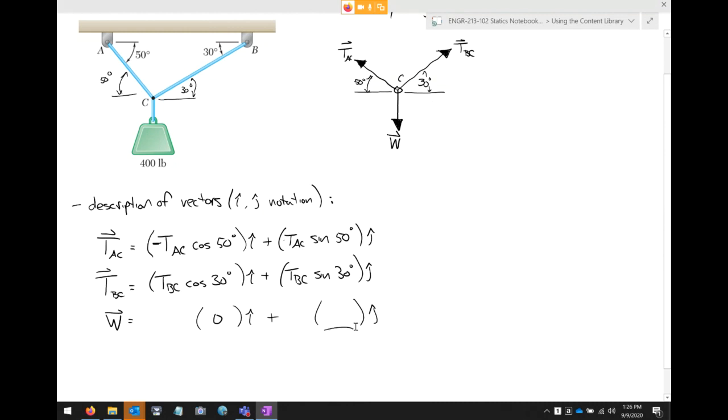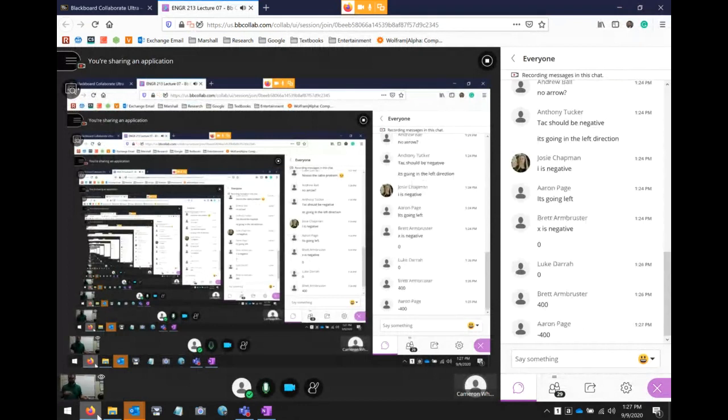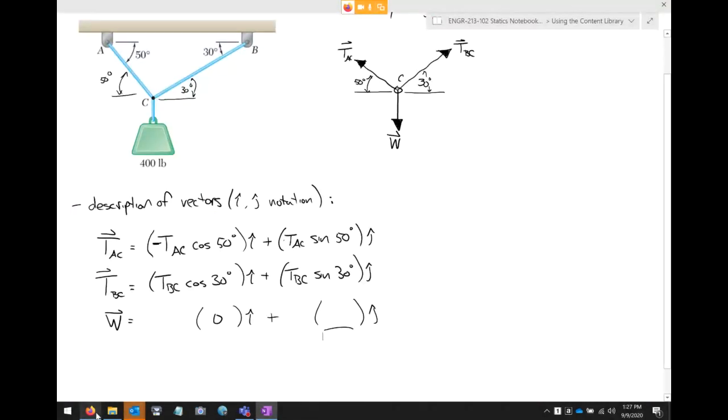What goes in here? Now, okay, so it's not 400. There you go. It's negative 400, because it's going downwards. So negative 400, and we'll say pounds. Remember, that's my shorthand for the pound symbol. Just make sure. That's easy to trip up a bit.